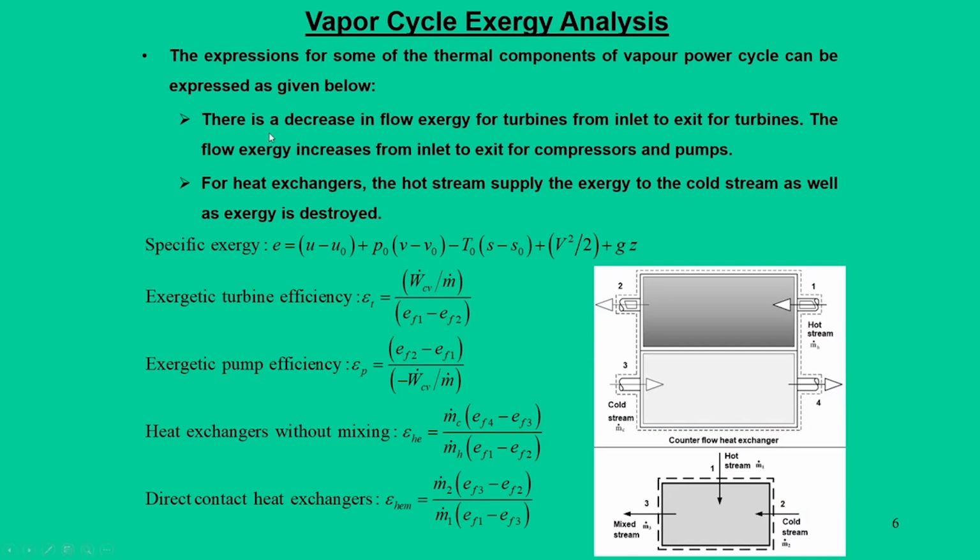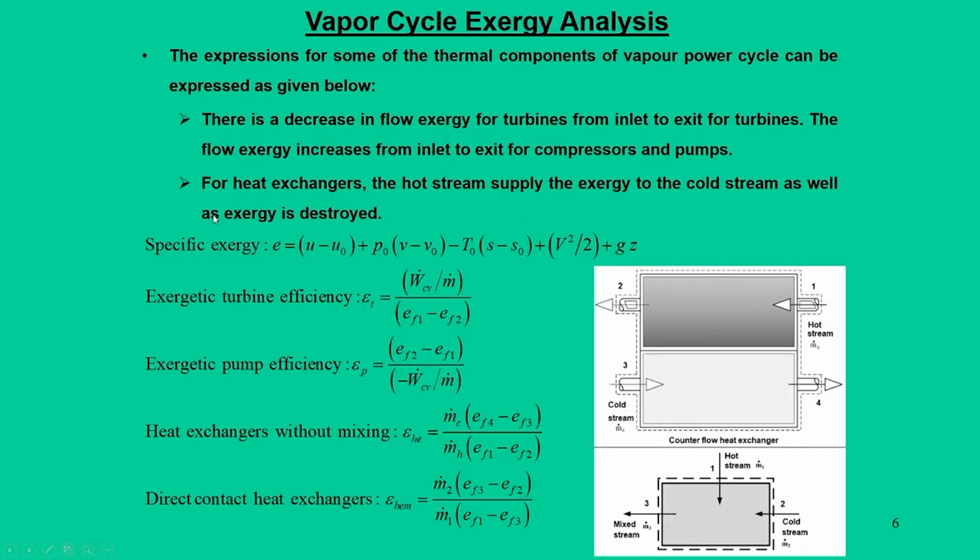We can say that there is a decrease in the flow exergy for turbines from inlet to exit, and there is an increase in the flow exergy from inlet to exit for compressors and pumps. Obviously, we are going for pumps only. So, that is an increase in the exergy. Now, a heat exchanger is typically modeled as analogous to a boiler, where hot steam supplies exergy to the cold stream, and exergy is also destroyed.